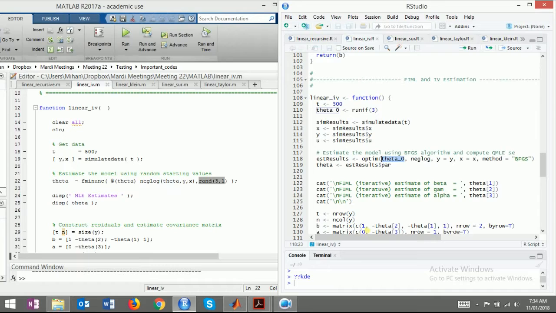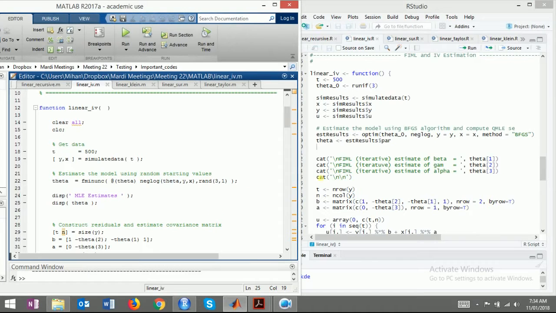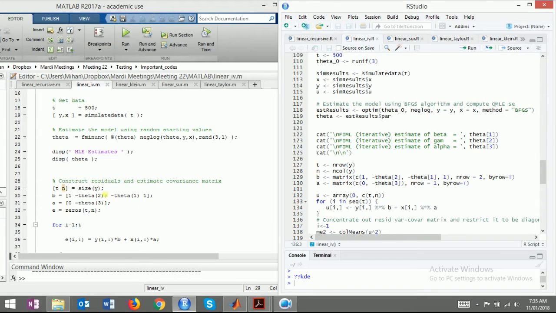Then concatenate and display, starts with n, ends with n. First is beta, then gamma, then alpha. Values are shown in theta separately. Then construct residuals and estimate covariance matrix, right? So T is equal to n row, n is equal to n column, B is matrix, then combine 1 minus theta 2 minus theta 1 1, number of rows 2 by row T. A is again matrix, combine 0 minus theta 3.